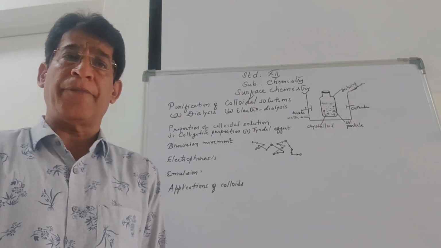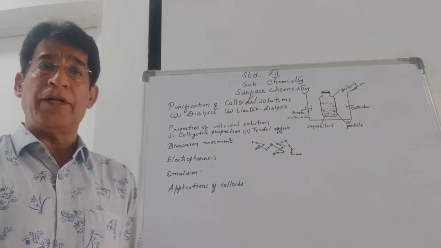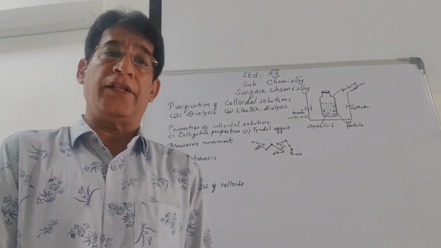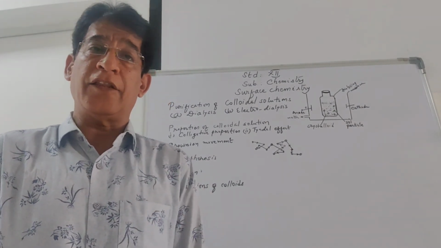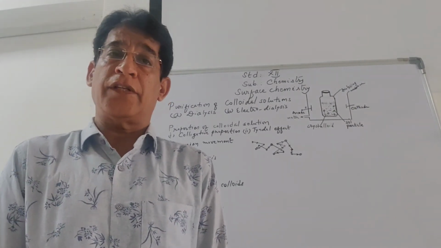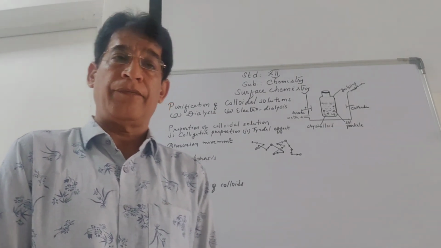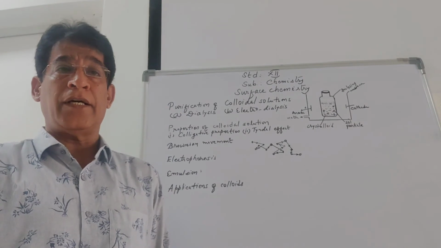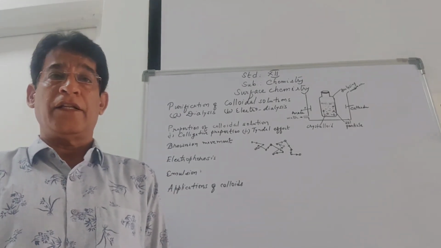The size of the dispersed particles in emulsions is larger than those in the sol. It ranges from 1000 angstrom to 10,000 angstrom. However, the size is smaller than the particles in suspensions.